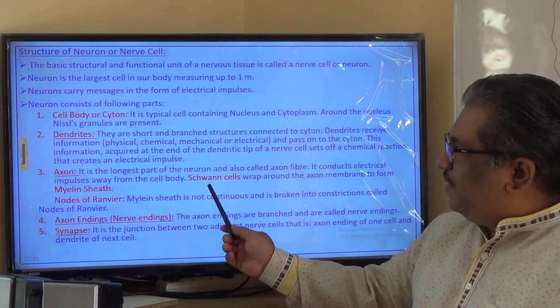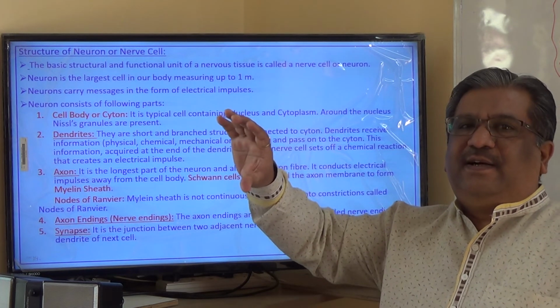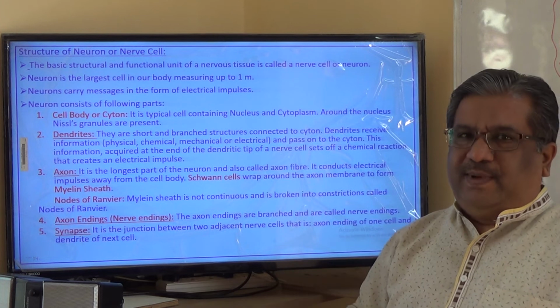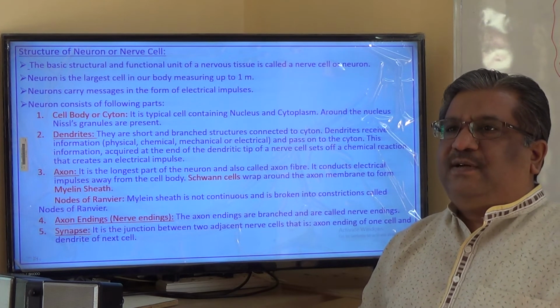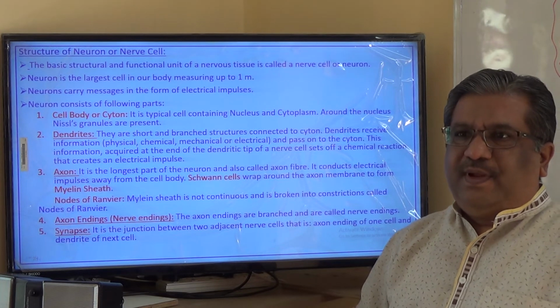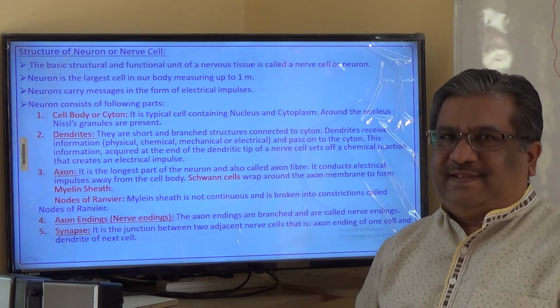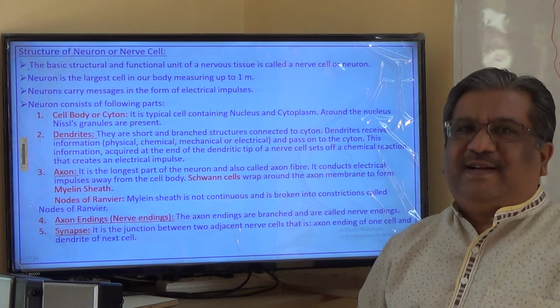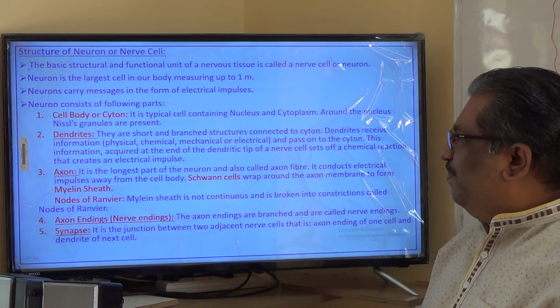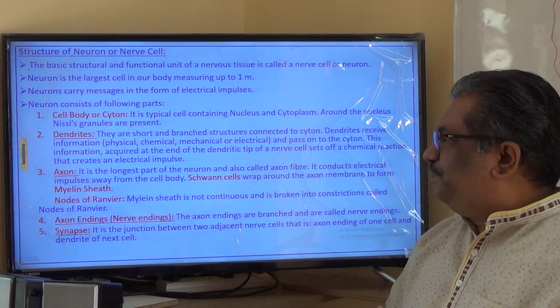See, these Schwann cells which form the myelin sheath form an insulated layer over the axon fiber so that there is no leakage of electrical impulses. Electrical impulses are transmitted at their full strength and are not weakened. What a beautiful system. It provides very good insulation in the form of myelin sheath.